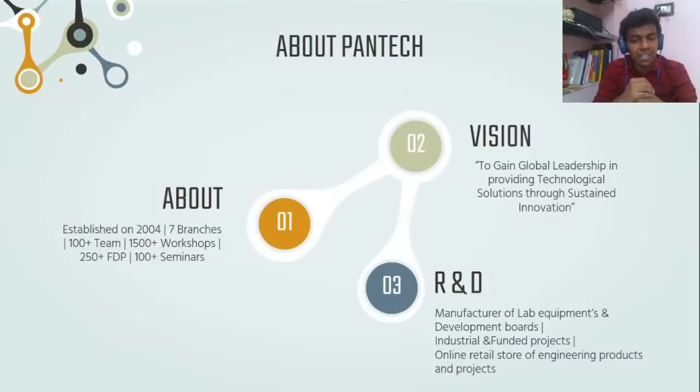We have a research and development center in Chennai, and we manufacture lab equipment for EC, electrical and mechanical departments, such as microcontroller development boards, microprocessor trainer kits, artificial intelligence beginners kits, FPGA boards, and ARM as well as PIC development boards.